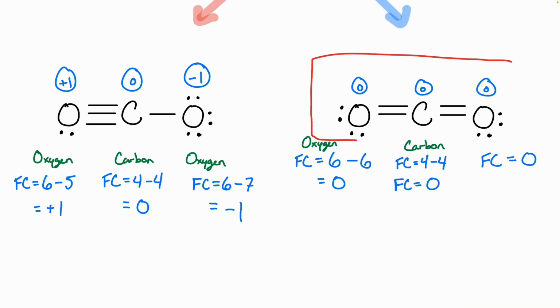Again, the most stable structure is going to be the one where all atoms have a formal charge of 0. So if we have this sort of tie here where according to our octet rule, both of these work perfectly, we're going to break that tie by calculating these formal charges. Okay?